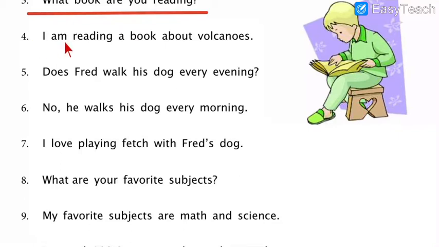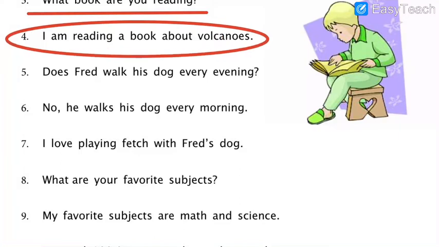Number 4. I am reading a book about volcanoes. Now I am going to start the countdown. You read it again and again and write the answer before I stop. Your time starts now. 5, 4, 3, 2, 1, 0. So what is it, student? Is it a statement or the question?